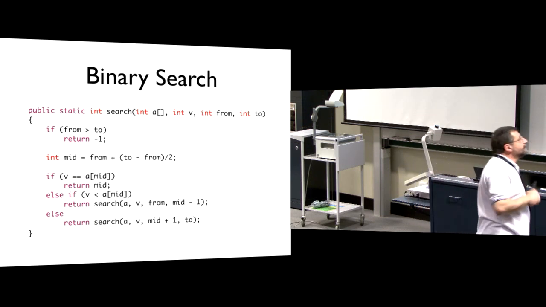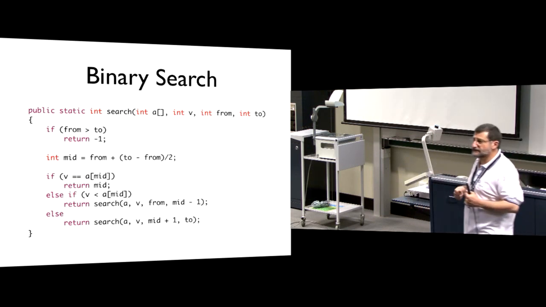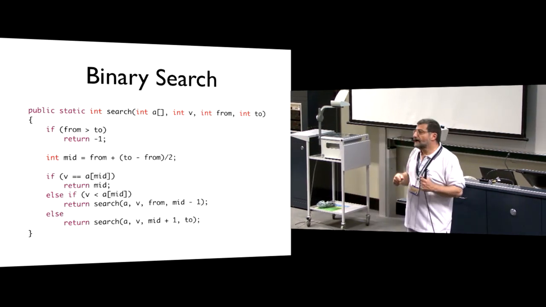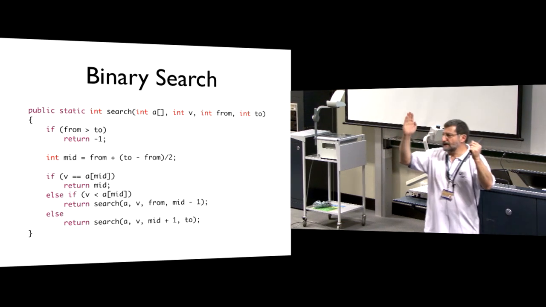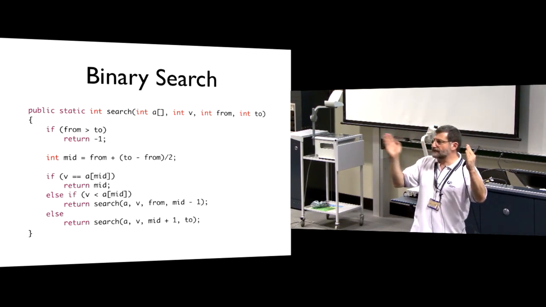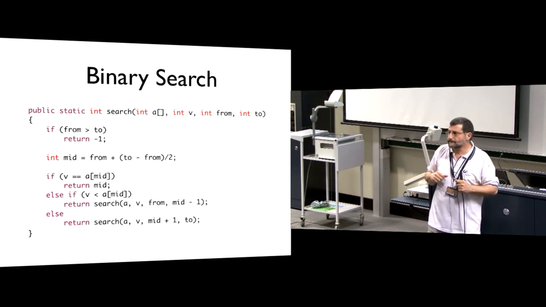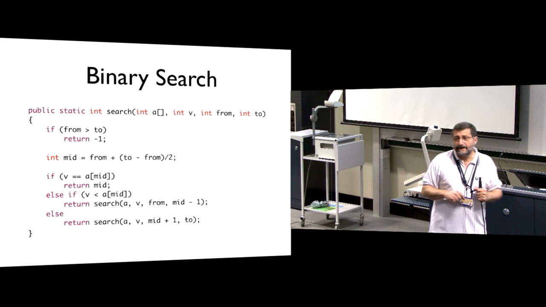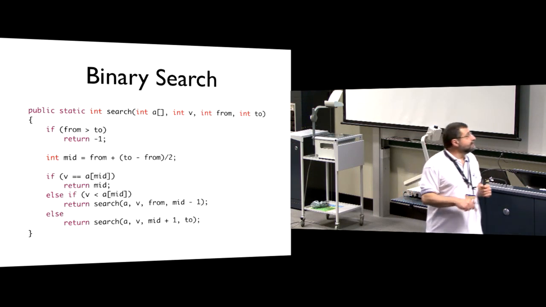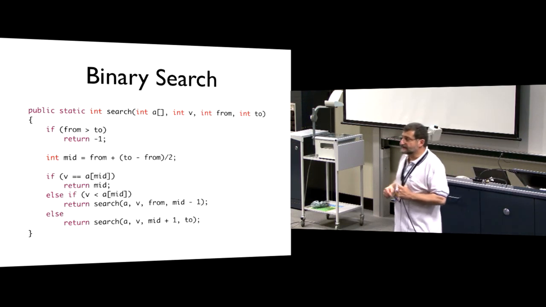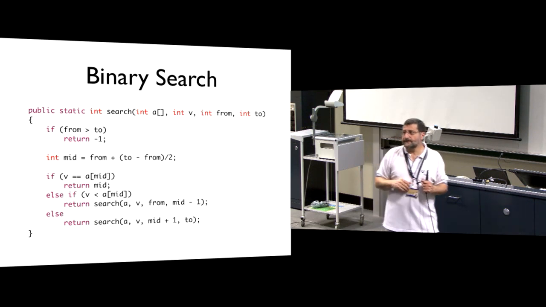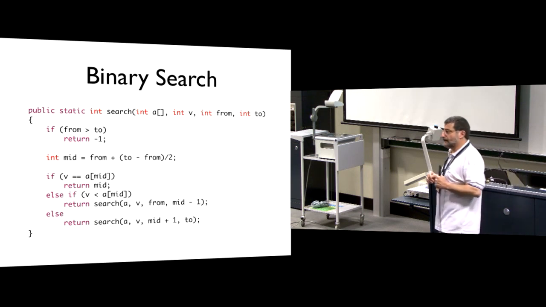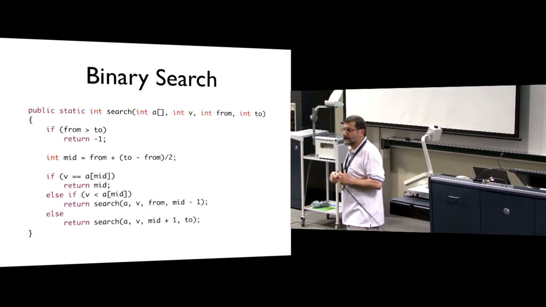So the parameters that we've got there are we pass the array that we're trying to search, v is the value we're looking for, and from and to the index is telling us the beginning and end of the range of the search inside the array. Right? So that's saying look inside the array A for the value v, and you can start from position from in the array and end in position to in the array. Okay?